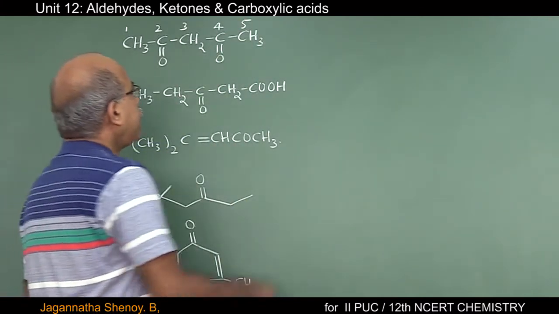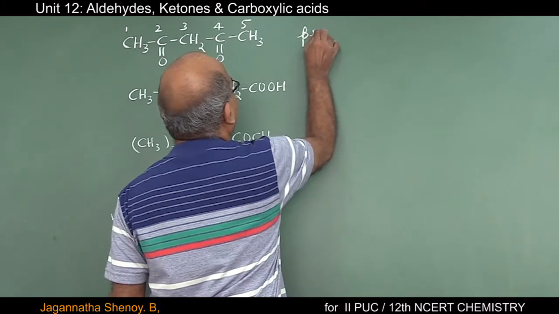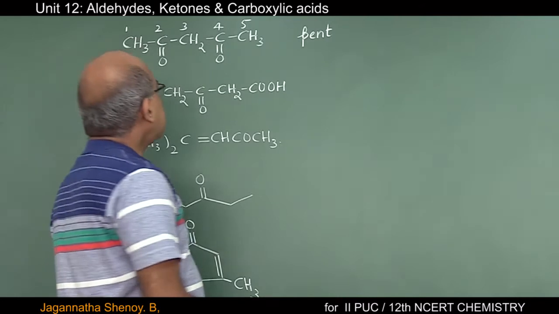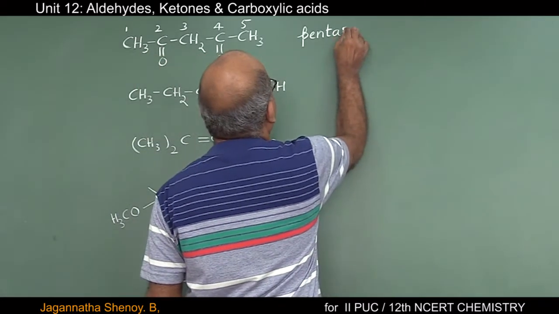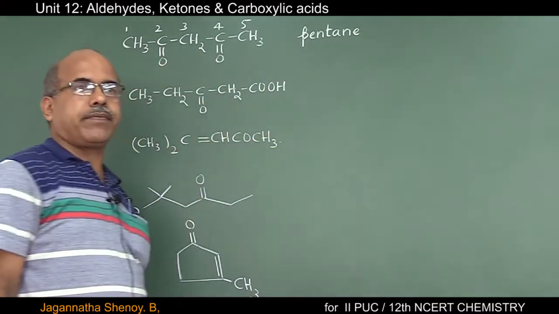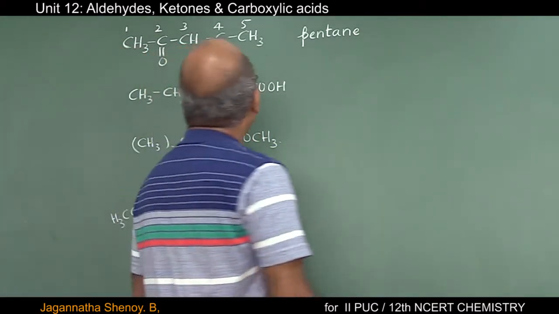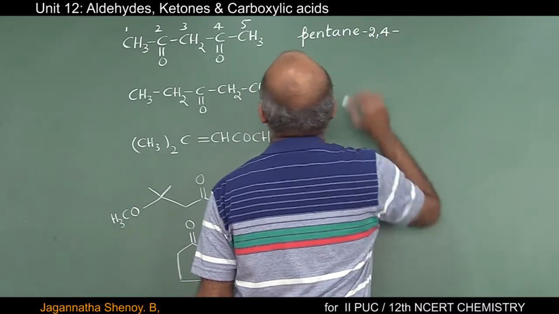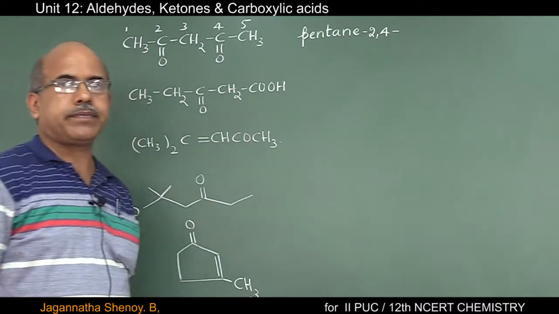So 5 carbon atoms are there, root word has to be pent. Carbon atoms are connected only by carbon-carbon single bonds, that is why it is pentane. The second and the fourth carbon atoms are in the form of principal functional group ketone.